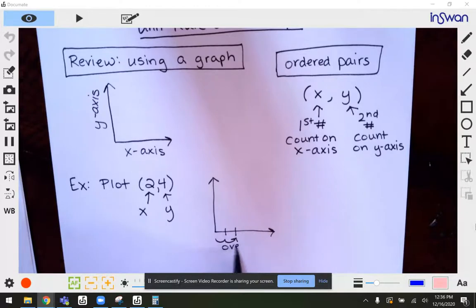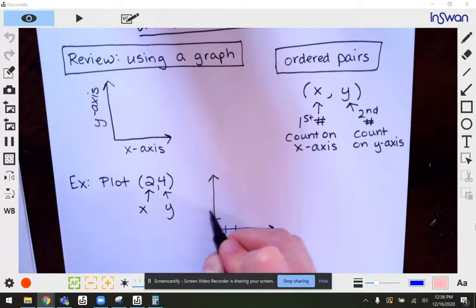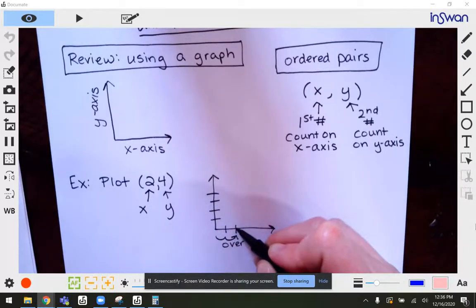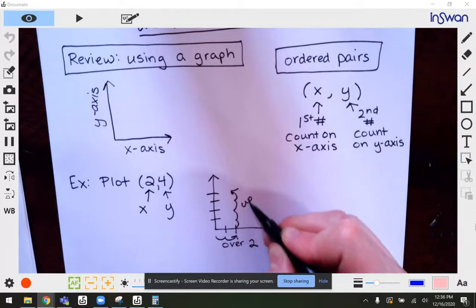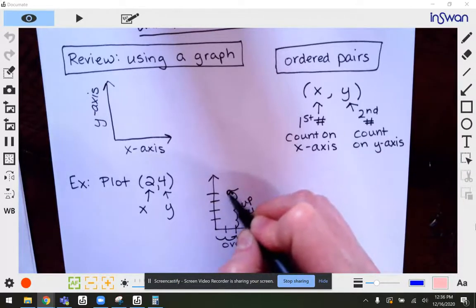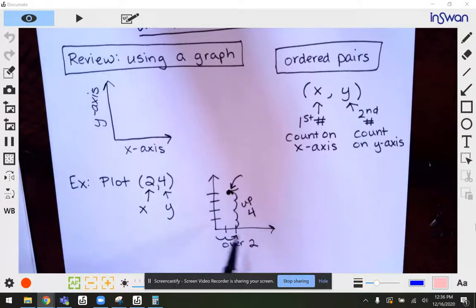So over 2. And then you would need to go up 1, 2, 3, 4 from that spot. Up 4. And so your final point would be right here, over 2 and up 4.